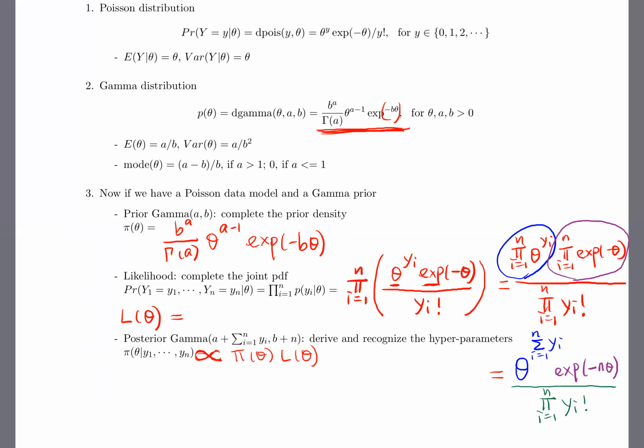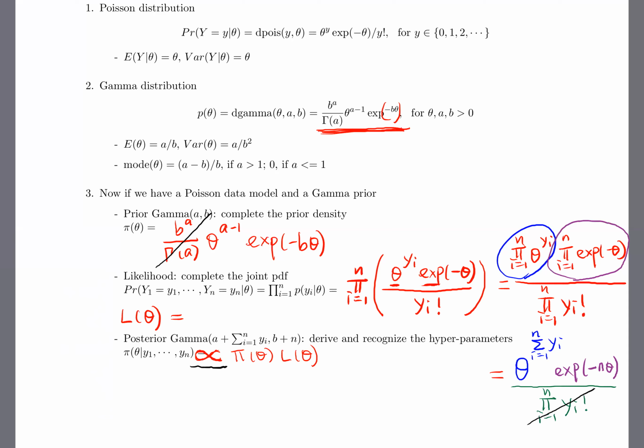So since we started writing the proportional sign, I will start throwing away constants. Right? So in the prior, whatever is not related to theta is constant. So this ratio is constant. Right? And in the likelihood, whatever is not related to theta is also constant. So the complicated product of all those factorials can be considered constant.